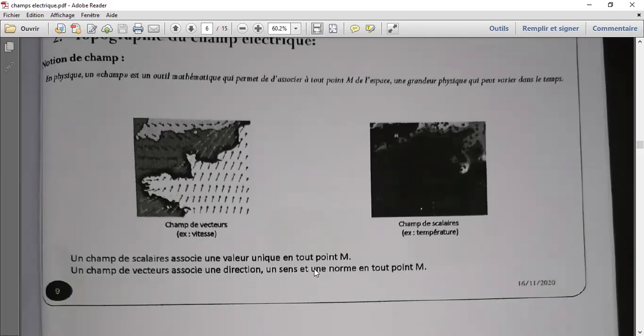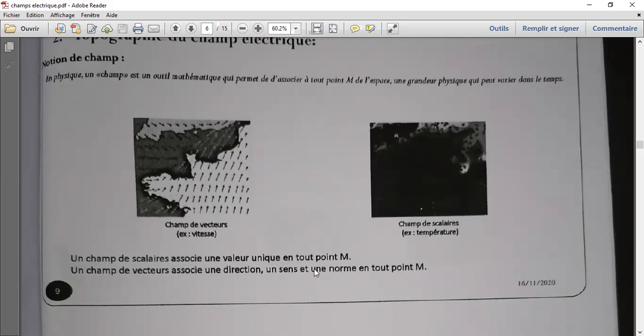For example, temperature. You can have 0 degrees Celsius, 20 degrees Celsius, 40 degrees Celsius, but it doesn't show the direction where the temperature is going.